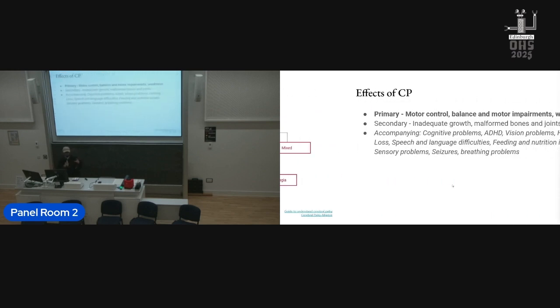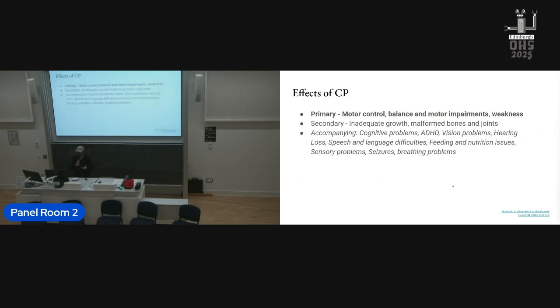So these are just the physical aspects, but there are secondary aspects as well, like inadequate growth. Because the muscles are tight or loose, the bones are not formed, and that leads to cognitive problems, ADHD, and several other issues. So that's us understanding a bit more about what cerebral palsy is.